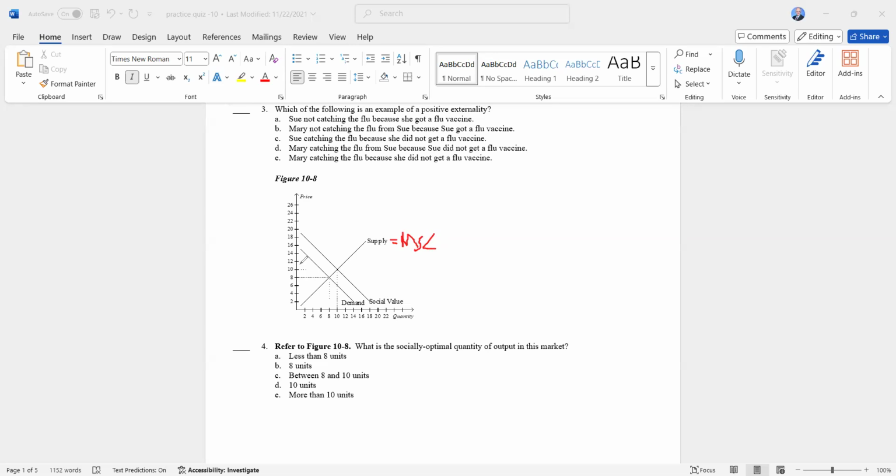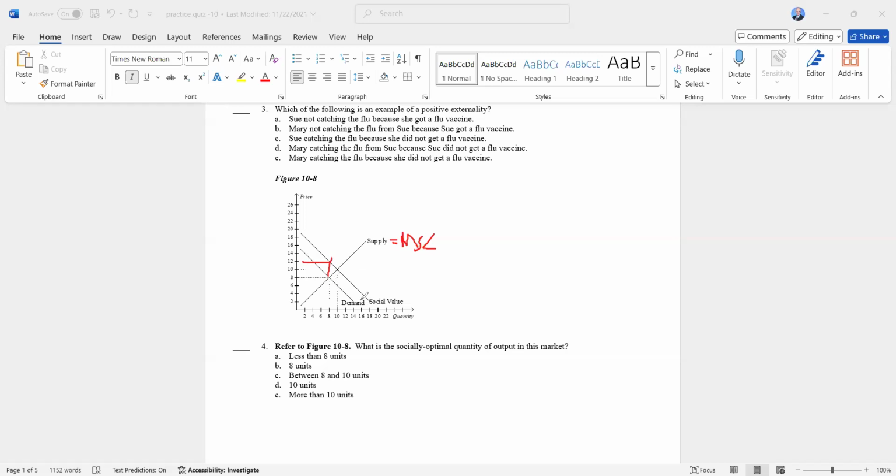Now, they could ask you the price, which I just did. They could ask you how much the external benefit would be. That's taking the market line straight up, and, like my eyes are bad, it looks like 8 and 12. So the external benefit here would be 4.